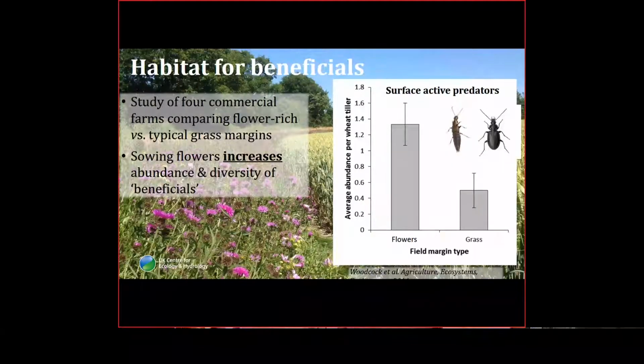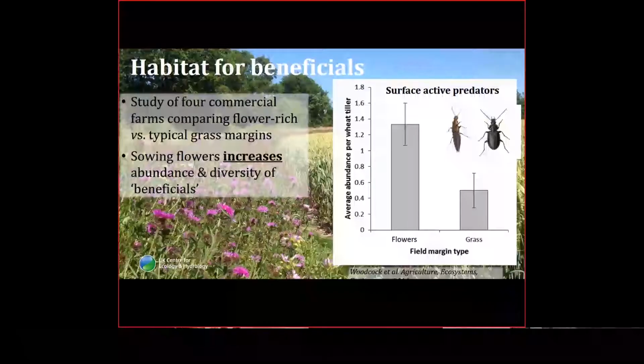And some years after this, Ben did some much more detailed work looking at the direct benefits of wildflower margins and grass margins, specifically for crop pest predators, so natural enemies of crop pests, and showed from 4 commercial farms where he compared wildflower margins and typical grass margins that on the grass margins, on the bar on the left, you always get greater abundance of beneficials.